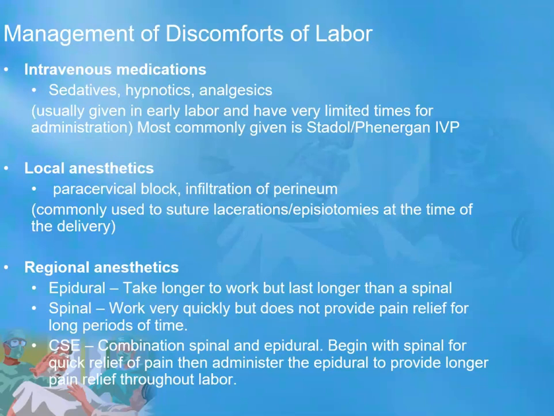If you give it later in labor and the baby delivers soon after, get ready to have some Narcan on board, because whatever mom experiences from the medication, the baby is going to have the same effects. And our baby may not be breathing. So that's why they prefer to give a little cocktail. Usually it's Stadol and Phenergan IV push. They usually give that at the beginning.